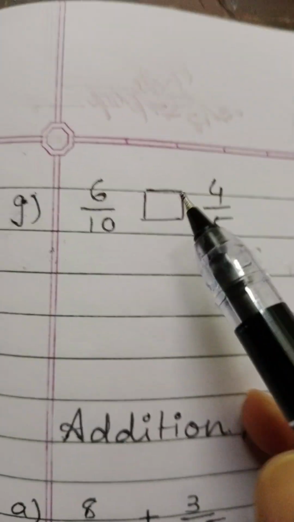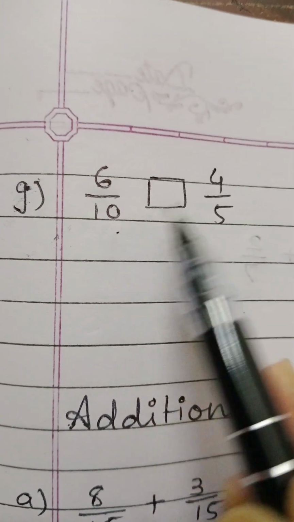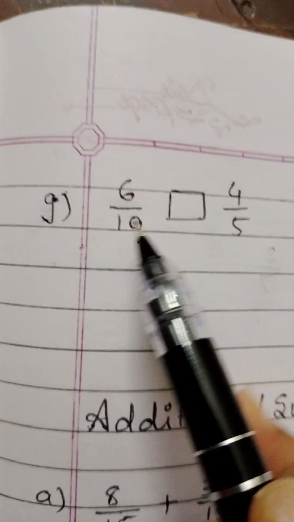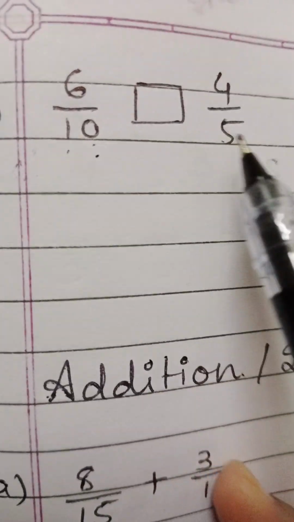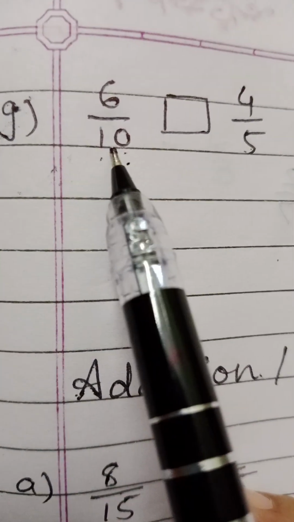Let's see one more. Here it is 6 upon 10 and 4 upon 5. Now see, earlier we did cross multiplication because these denominators were prime numbers. But here these denominators are 10 and 5, and 5 comes in the table of 10.